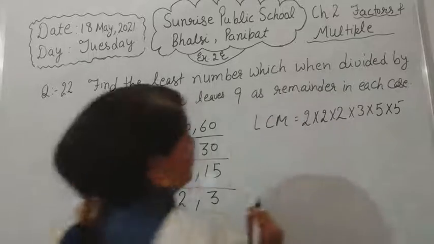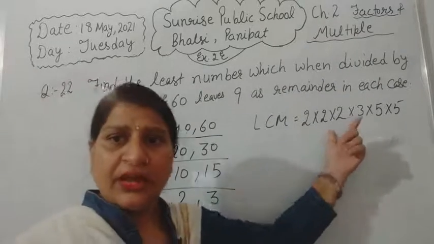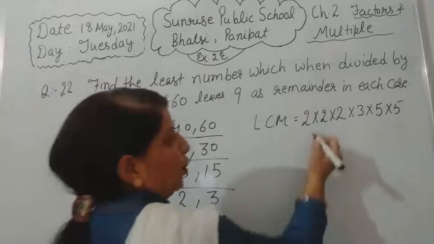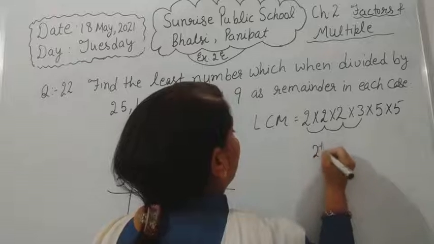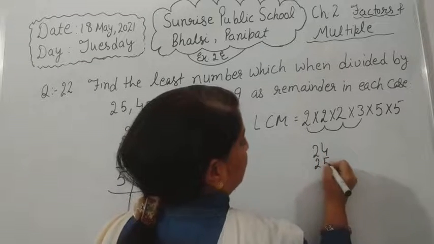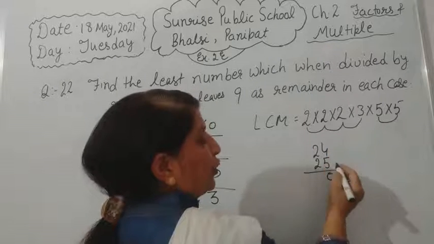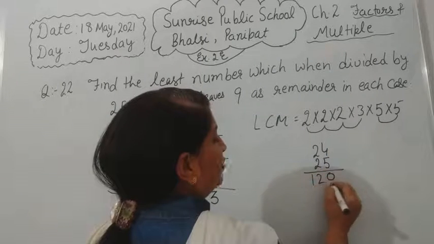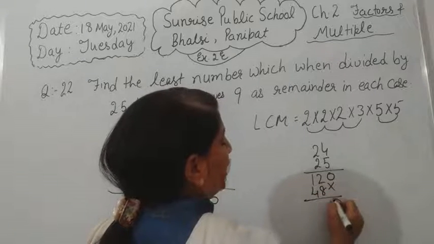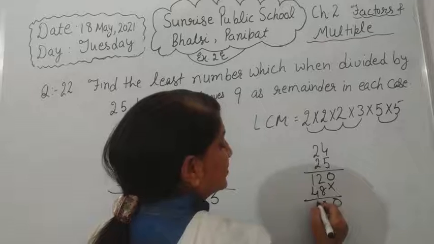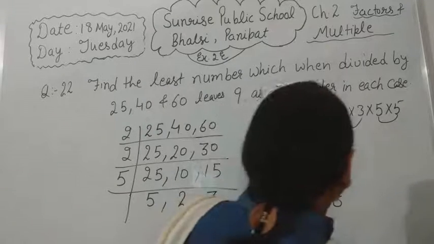So we write all these numbers and now we multiply all these numbers and find the LCM. 2 2s are 4, 4 2s are 8, 8 3s are 24 and 24 25s are, because 5 5s are 25. 5 4s are 20, then 2 carry, 5 2s are 10 plus 2 is 12, then 24 2s are 48 and after adding you get the number 600. So your LCM becomes 600.